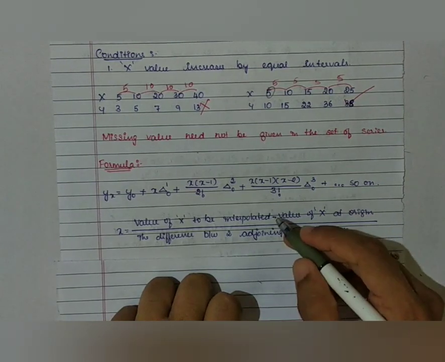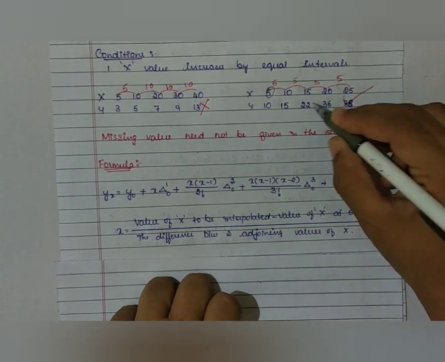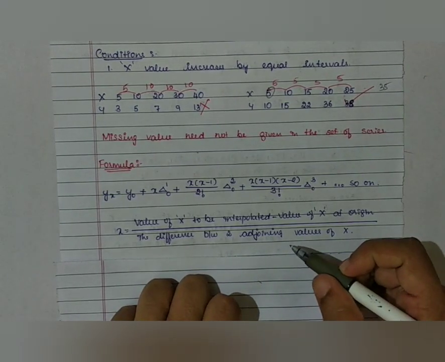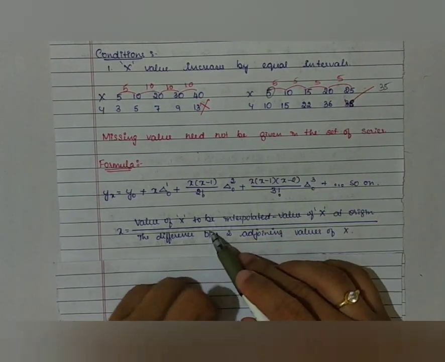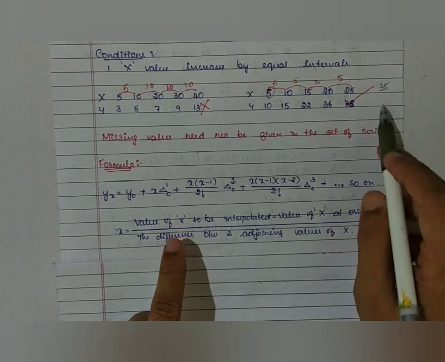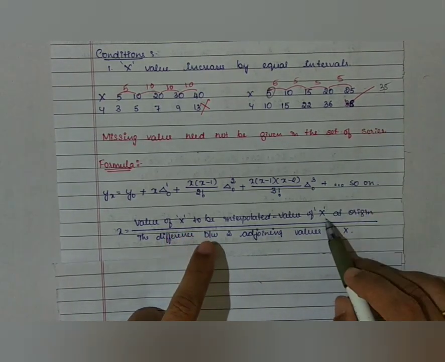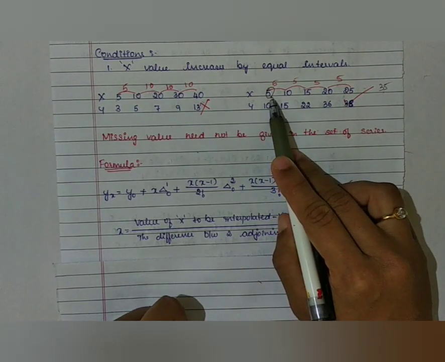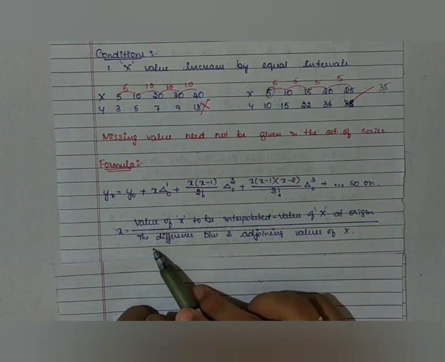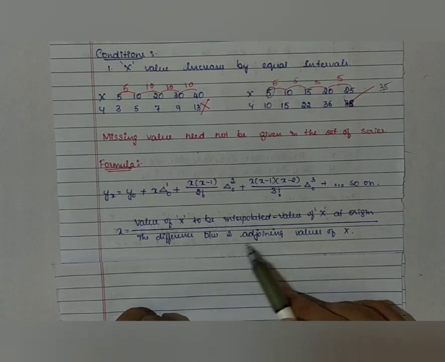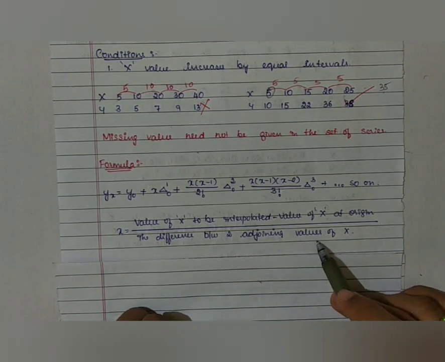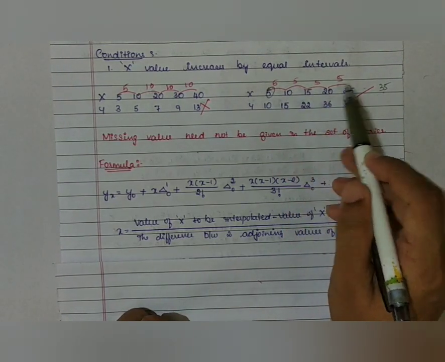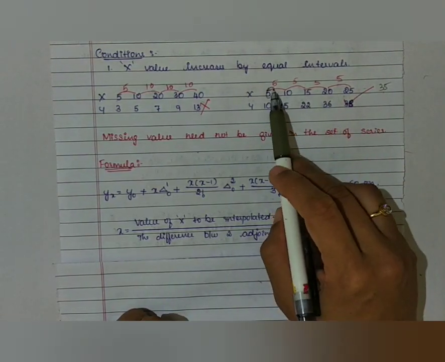In this problem, if you are asked to calculate the value of y for the year 35, here the value of x to be interpolated is 35, and the value of x at the origin will be the first value x0, that is 5, divided by the difference between two adjoining values of x, that is the difference between each interval, that is 5.